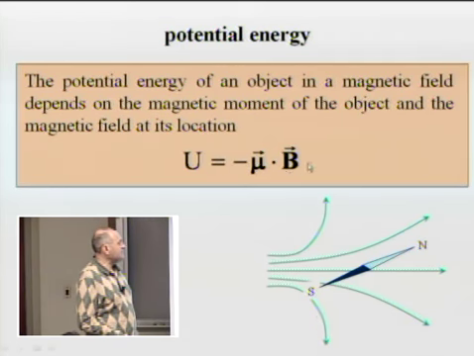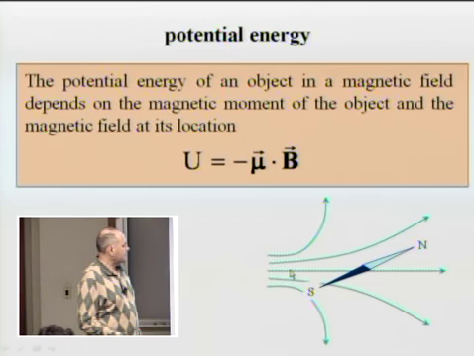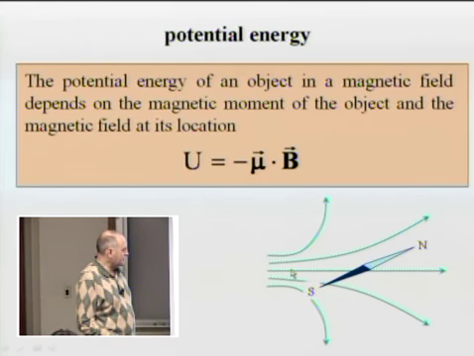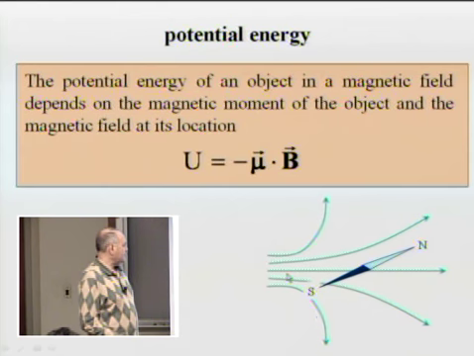But if the magnetic field is non-uniform, then potential energy is also a function of the position of the needle. For this needle, when the magnetic moment is kind of parallel to the magnetic field lines, the closer to the line where the magnetic field is stronger, the lower the potential energy will be.